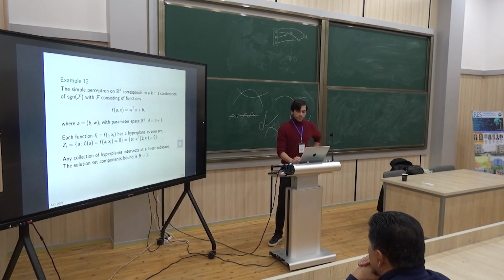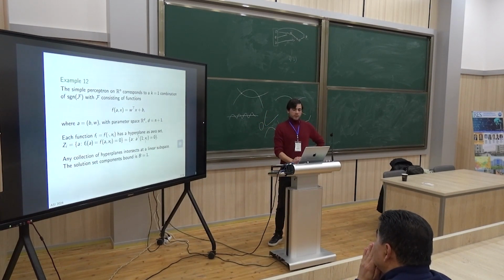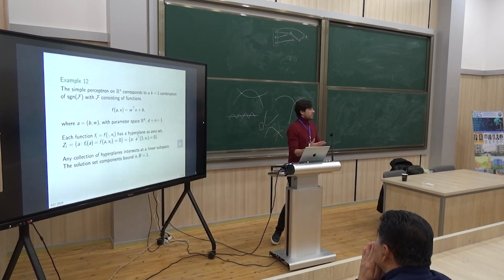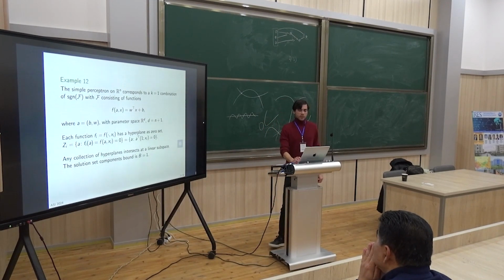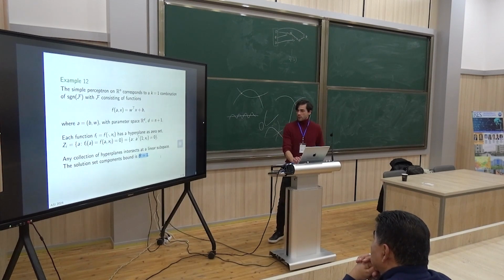And then the intersection of hyperplanes is going to be a linear space or an affine space, and that certainly has just one connected component. So therefore, the solution set components bound for this particular example would be b equals 1. We only have one connected component. All right.